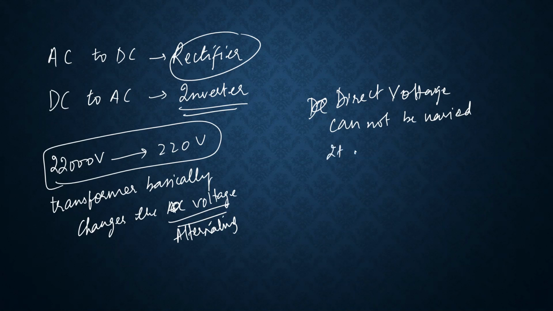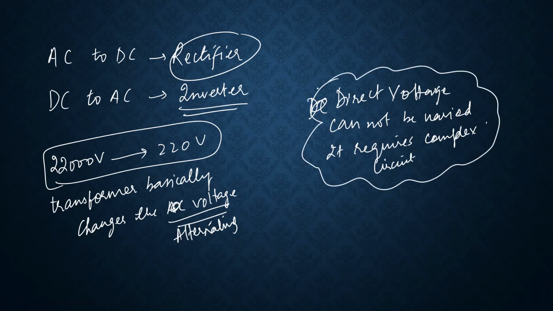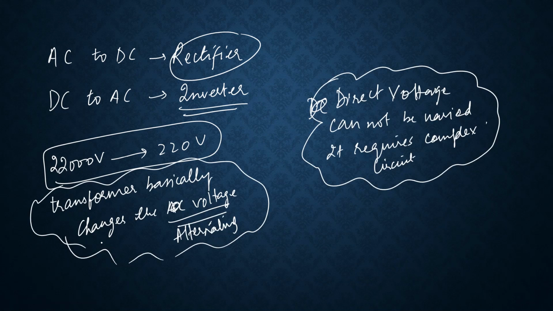It requires complex circuit. ऐसे कॉम्प्लेक्स सर्किट की जरूरत पड़ेगी। It's not so easy to convert a DC voltage, but we can change the AC voltage very easily.